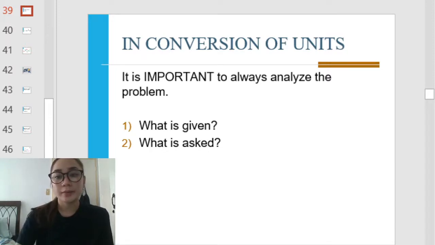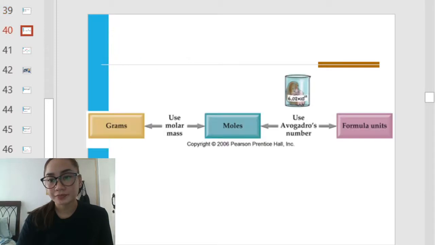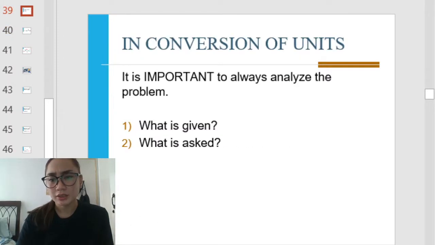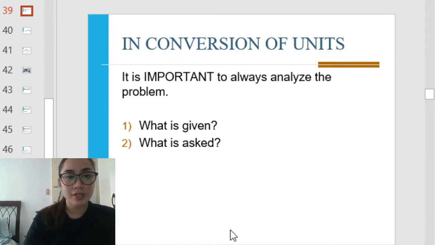And it will ask, halimbawa, how many moles are there in 45 grams of carbon dioxide. Again, kailangan nyo malaman yung dalawa, what is given and what is asked. This will always be the first step of our stoichiometry.